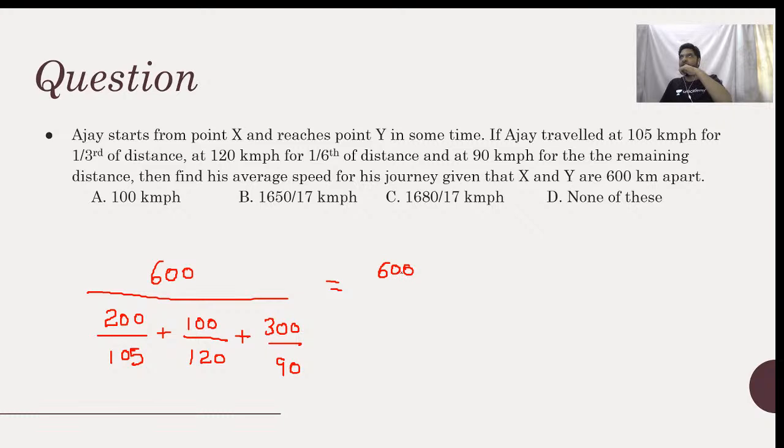That is 3, 4, 7, and 2, so 6 into 4 into 7. Okay. 600 into 15 into 6 into 4 into 7.